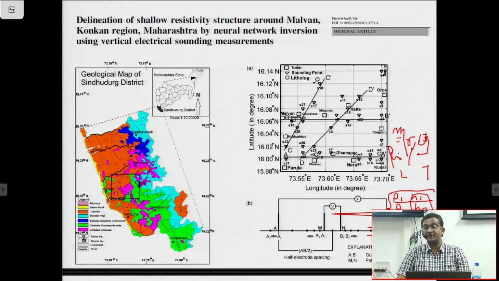Initially you have to provide an initial guess of rho 1, rho 2, rho 3, rho 4 for the 4-layer case, and H1, H2, H3. Then compute rho A theoretically and see how this computed rho A matches with the observed data we have provided. And it is an iterative process to get that.